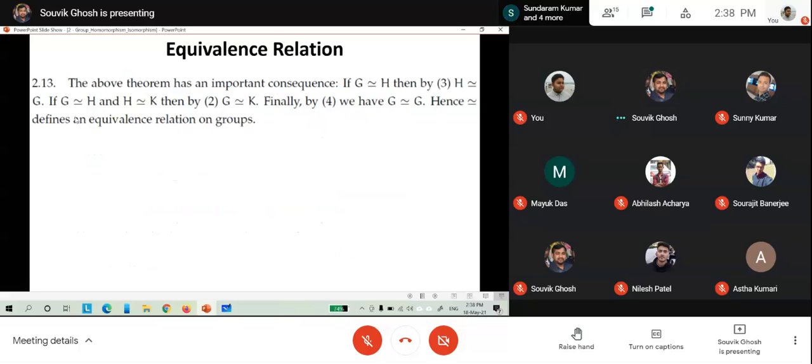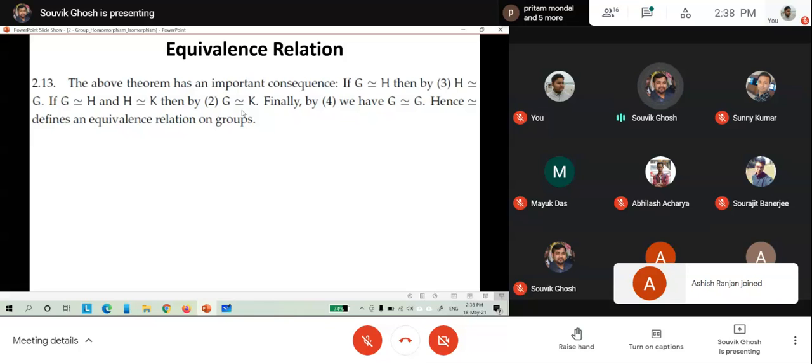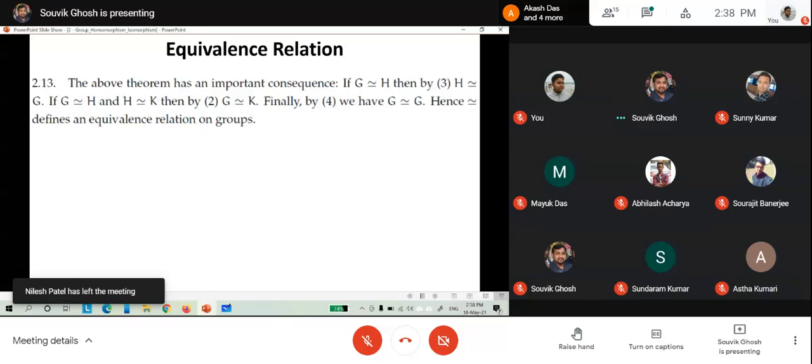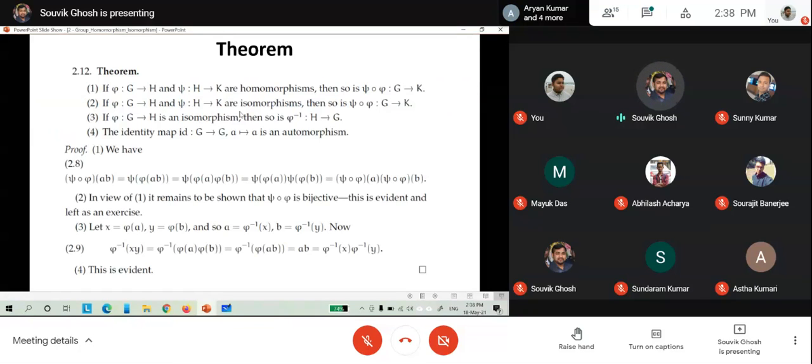So if G is isomorphic to H and H is isomorphic to K, then from 2 we can write that G is isomorphic to K. This is nothing but the transitivity property.